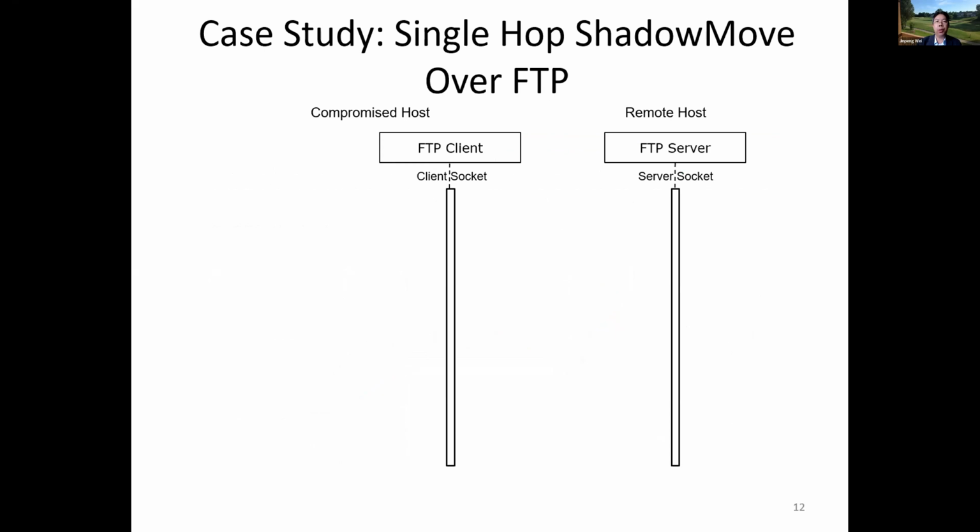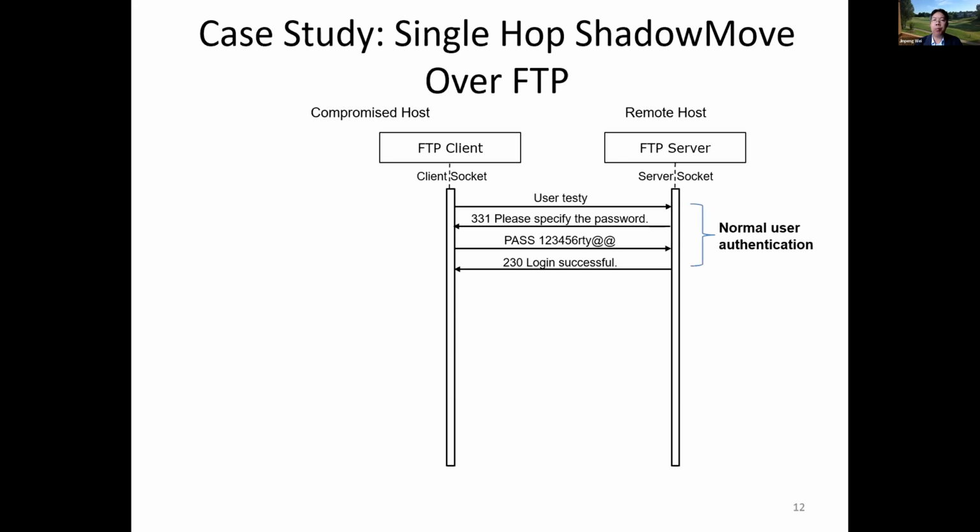Okay, so this is an illustration of how this can be done over the FTP protocol. Suppose now that we have an FTP client running. Initially, it creates a socket and then connects to the FTP server and exchanges some packets for the authentication. You can see these are the normal exchanges. Now ShadowMove starts to run on the FTP client machine.